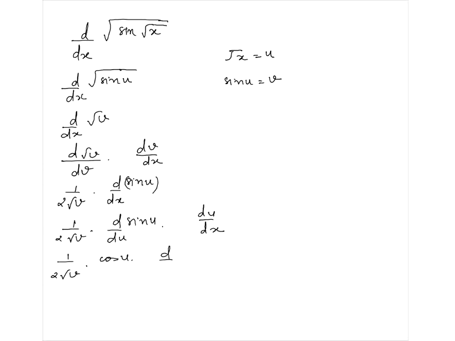And finally, in place of u, putting root x, so 1 upon 2 root v cos u 1 upon 2 root x. Now finally get rid of u and v and get everything in x. That you can certainly do. Now if you have any questions regarding this whole working, then just let me know.